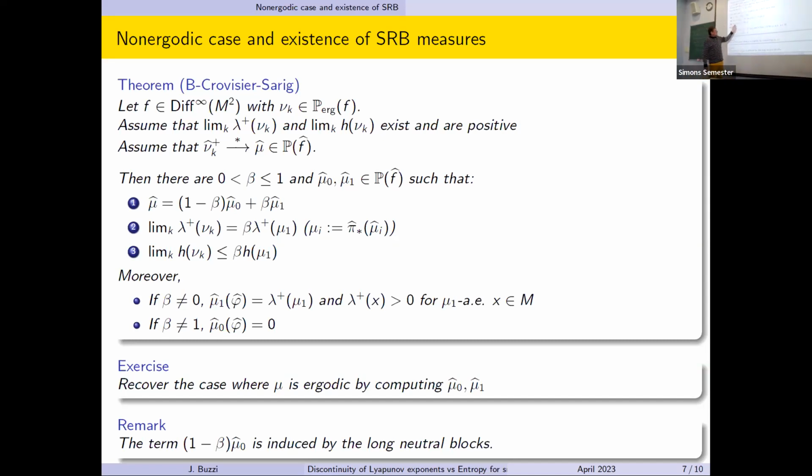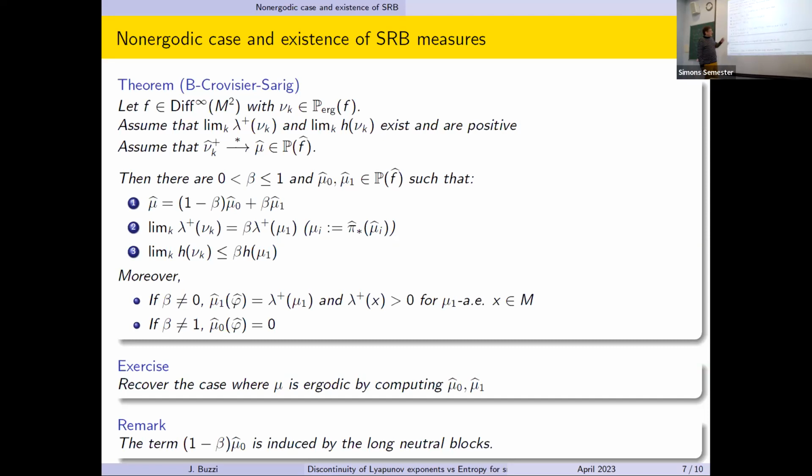And the limit of the entropies, as before, is bounded by beta times the entropy, not of the whole mu, but of mu 1. Mu 1 may have bigger or lower entropy than the projection of mu hat. And you can characterize, or at least in some cases, you have these properties anyway.